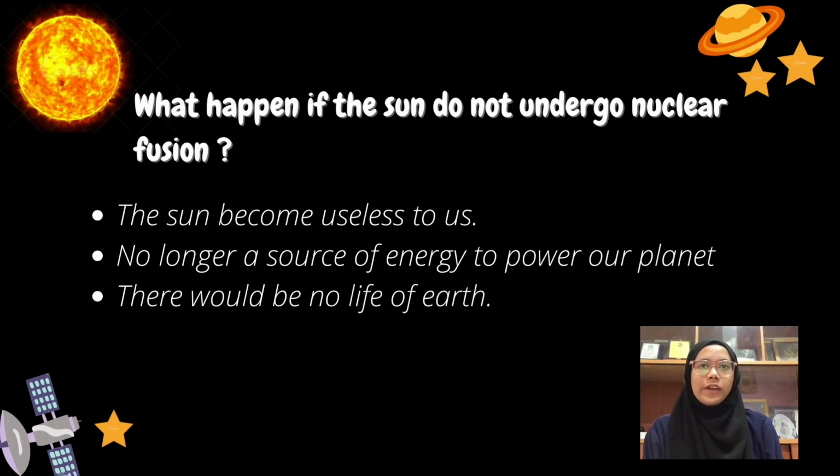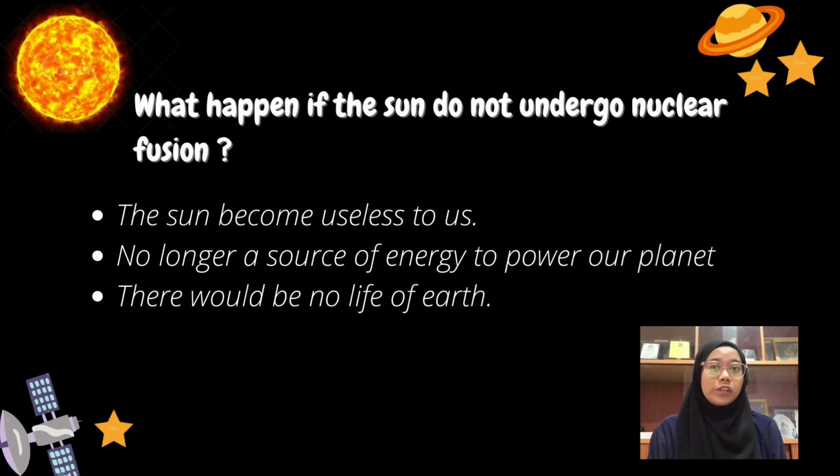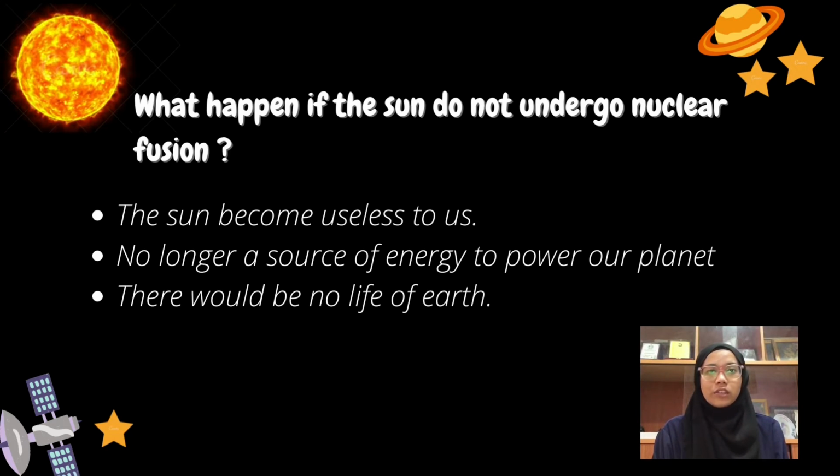Just now, we heard the explanation about the nuclear fusion that occurs in the sun and stars. Now, we focus on what happens if the sun does not undergo nuclear fusion, and will the sun ever stop shining? Okay, if the sun did not undergo nuclear fusion, there would be no life on Earth.